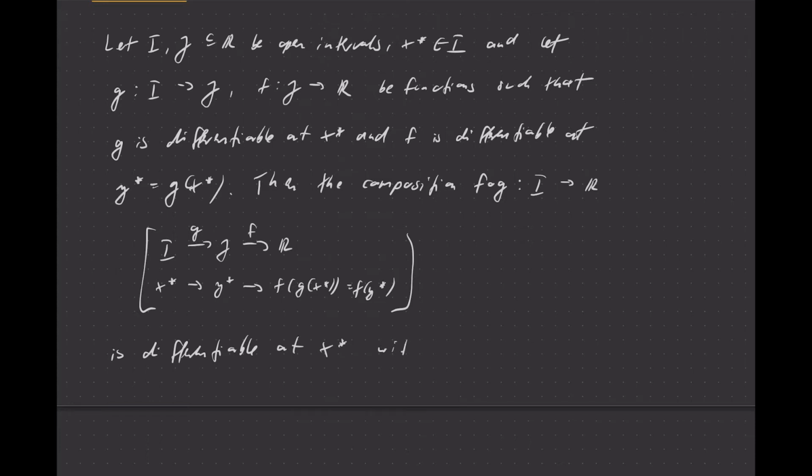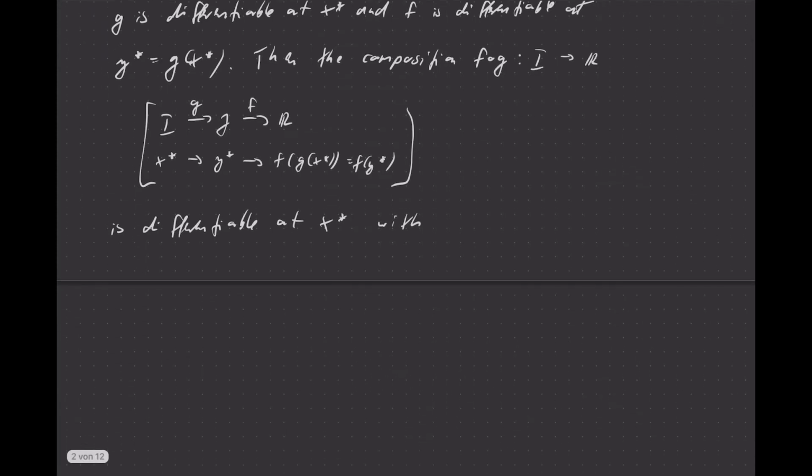And the derivative can be expressed in the following way. The derivative of f after g at the point x star is given by, what we do is we take the derivative of f at the point y star and multiply this by the derivative of g at the point x star.